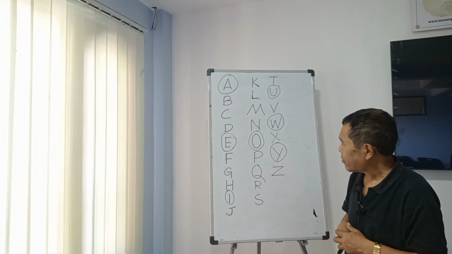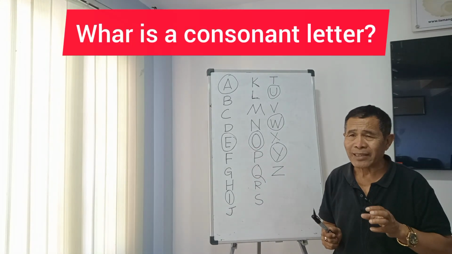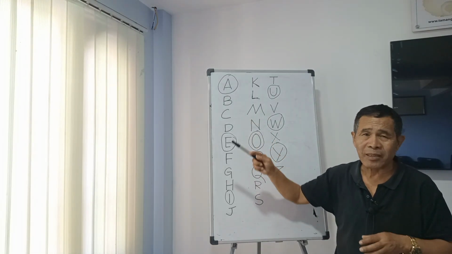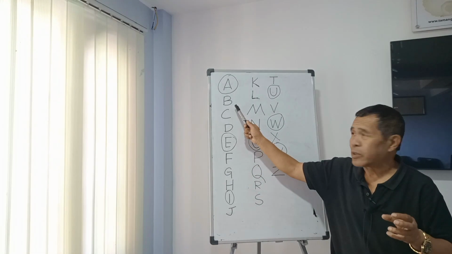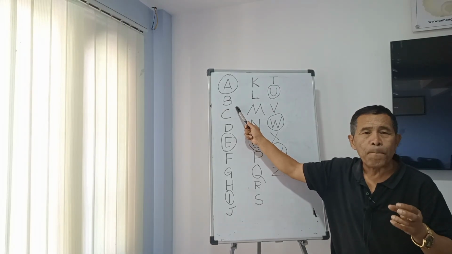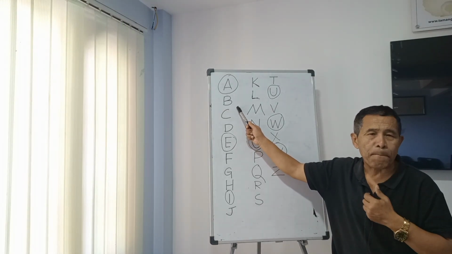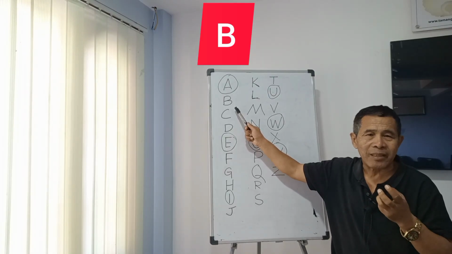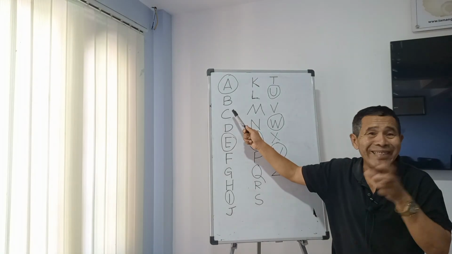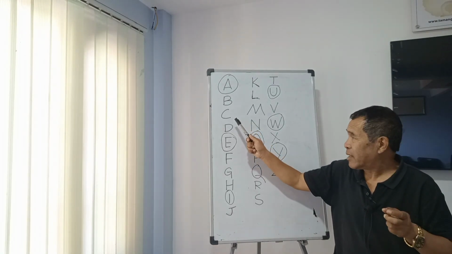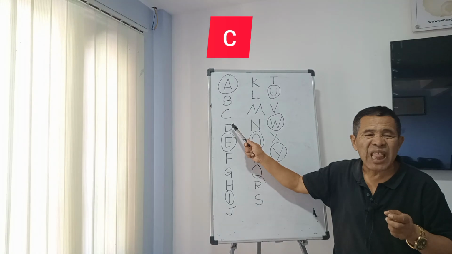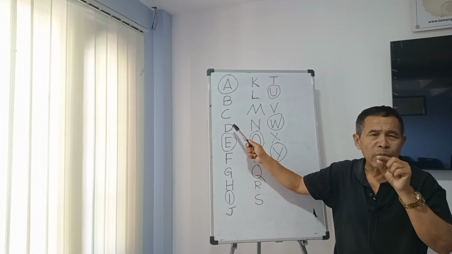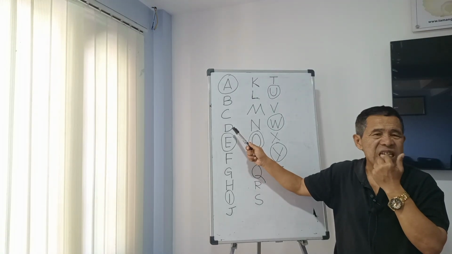Now, next, what is a consonant letter? What are consonants? When I see this letter and I say, first I have to close my lips. B, B, B. Afterwards comes E, you see. C. The tongue is very close to the teeth here.